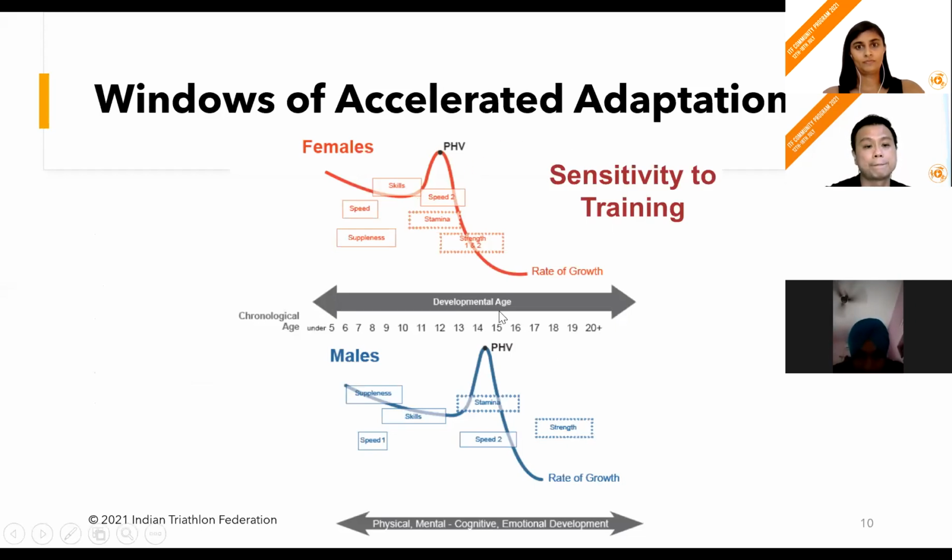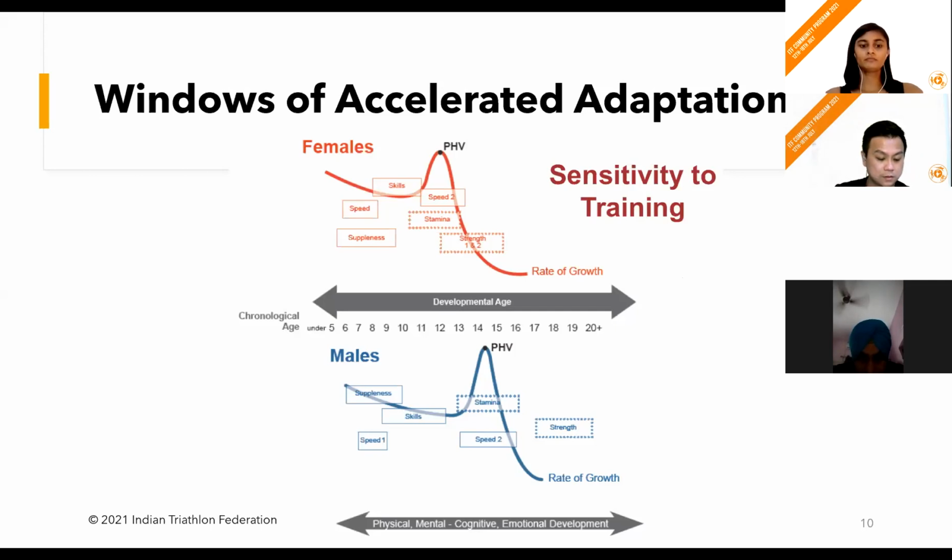So this, again, we covered a little bit in the past session, where we discussed what ages we see males and females adapt to speed, strength, endurance. On the bottom, you have the chronological age, and they hit puberty at different age groups, women between 11 to 13, and men typically around the 13 to 15 mark.